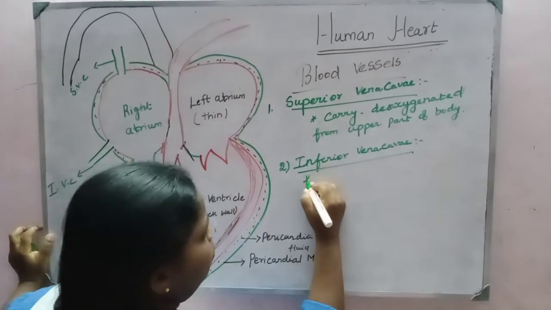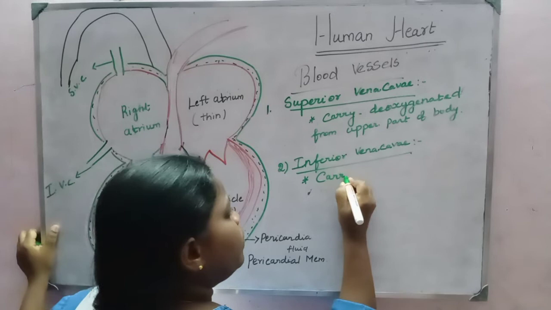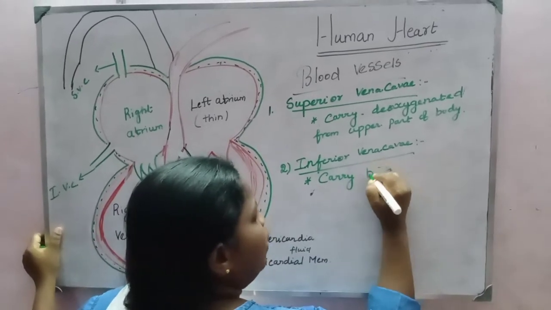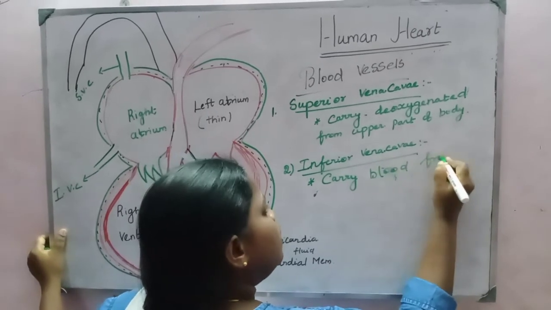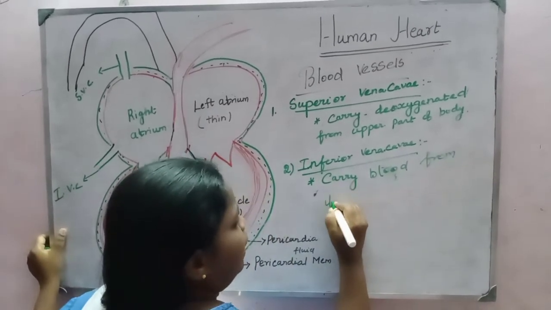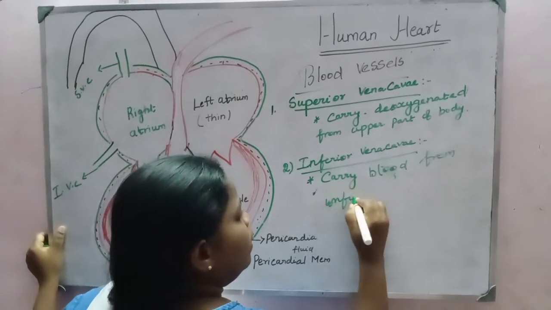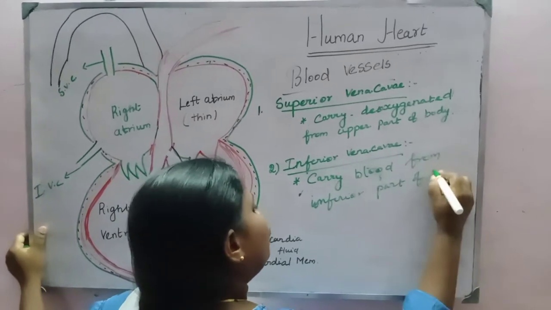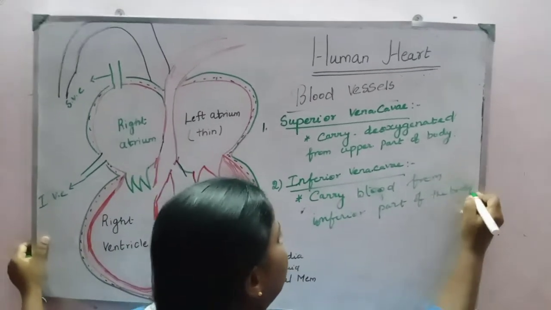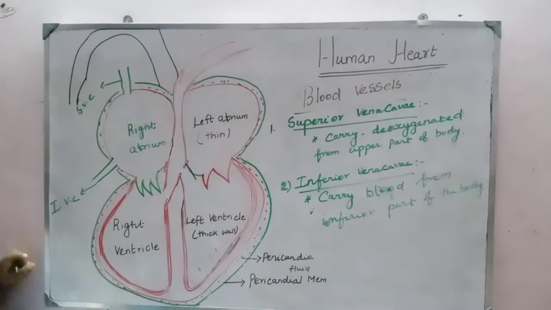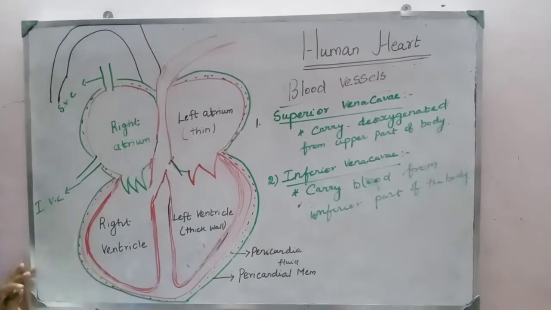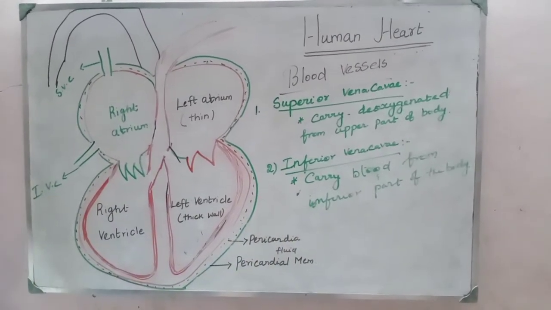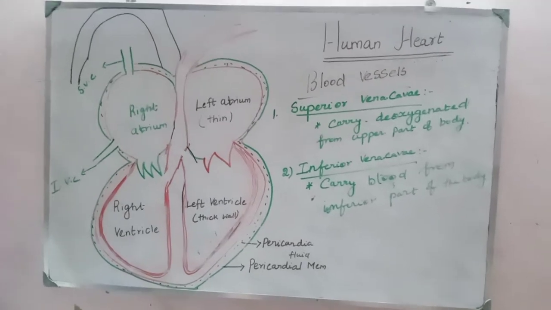It carries blood from the inferior part of the body. Are you clear? Upper part means above the heart. Here inferior means below the heart region. So the inferior vena cava carries the blood from the lower part of the body.